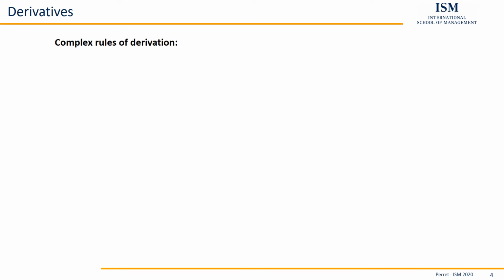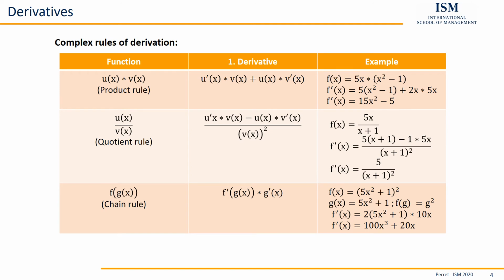Then I have slightly more complex rules of derivation. So first I have the product and the quotient rule, if two functions are connected via multiplication or via division. Product rule, still relatively easy, because here I'm simply, when I have two functions u and v, first deriving the first one, keeping the second as is, and then I derive the second and keep the first as is.